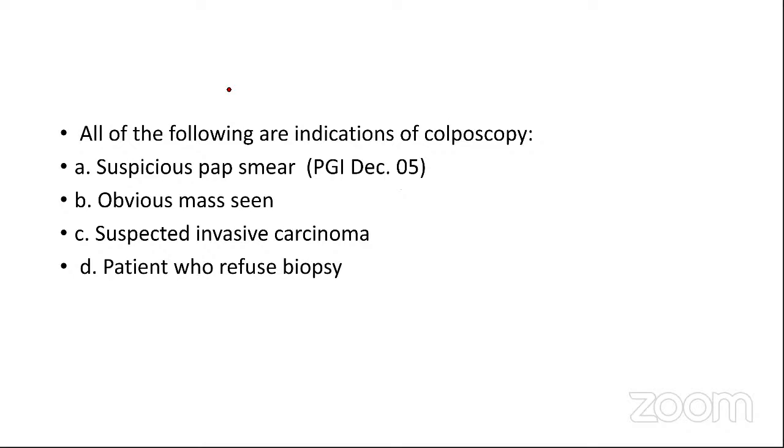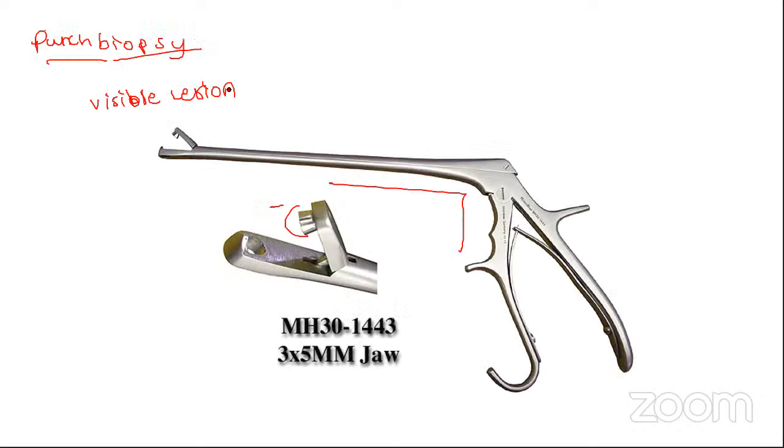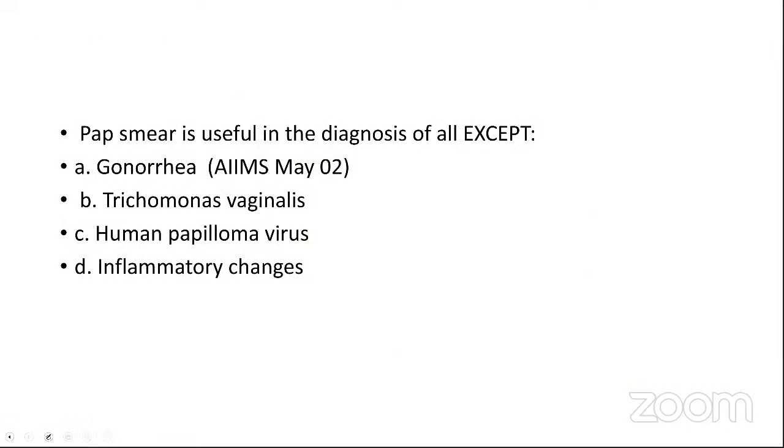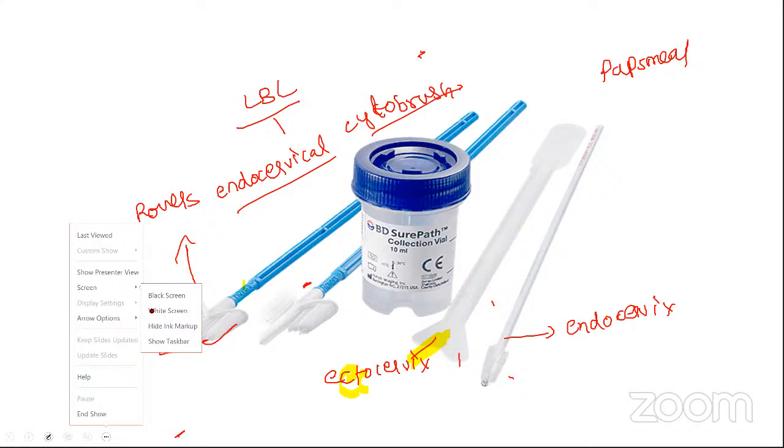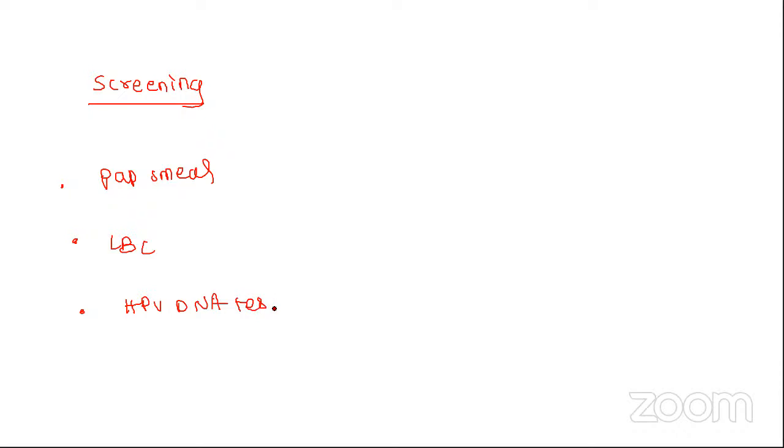All of the following are indications of colposcopy. So when do you do colposcopy? Now, if I have to speak a little more precisely, let me tell you a few points. Screening methods: you have pap smear, LBC, HPV DNA testing, VIA and VILI.